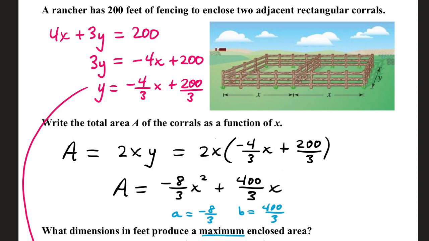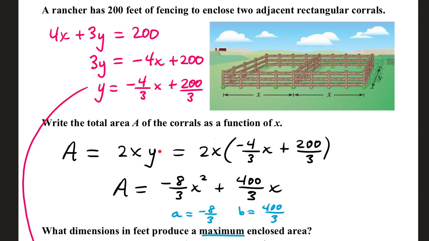In order to get area in terms of X, we've got to sub out this Y. Solving our fencing equation for Y, we subtract 4 X's on both sides, and then we divide all the way through by 3. So Y is equal to negative 4/3 X plus 200 over 3.